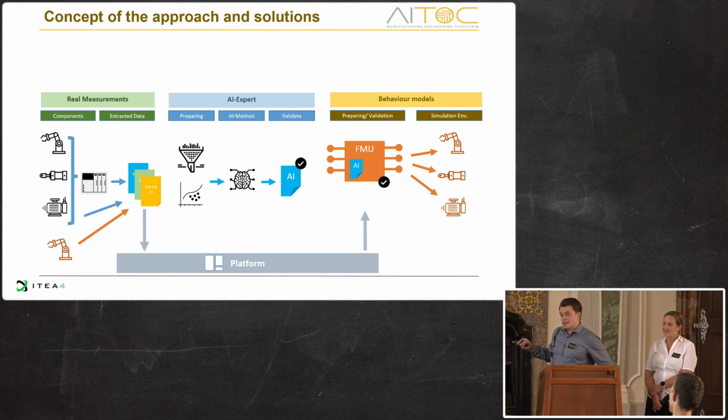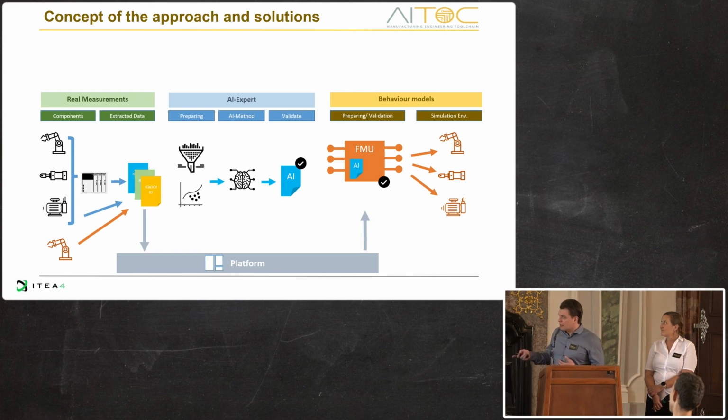You have to validate your models, and this is the validation with given data, and then you have to export this AI model, which can be executed by AI tools, but not by simulation tools. You have to export it in a proper format, as Miriam already mentioned, the FMI standard we used here, because this standard we can also use in our environment.